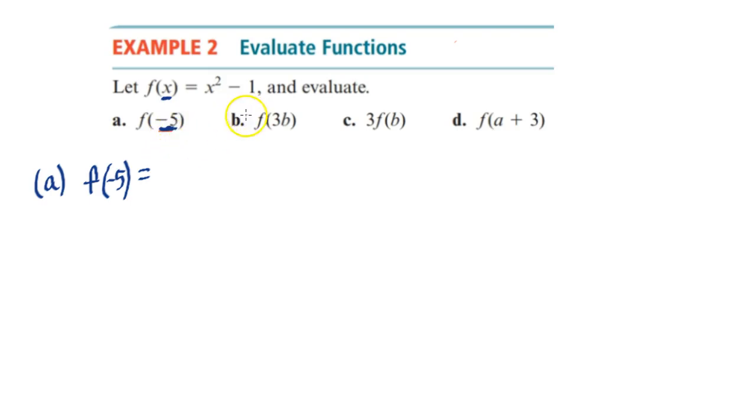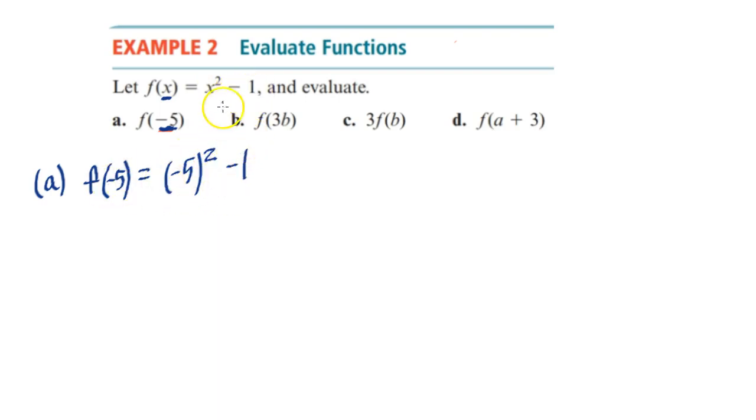Just a best practice, put parentheses around whatever you're substituting. So the x is being squared, so -5 will be squared, and then we still want -1.